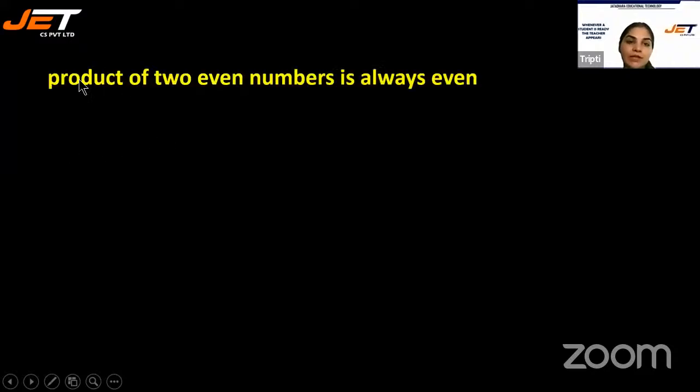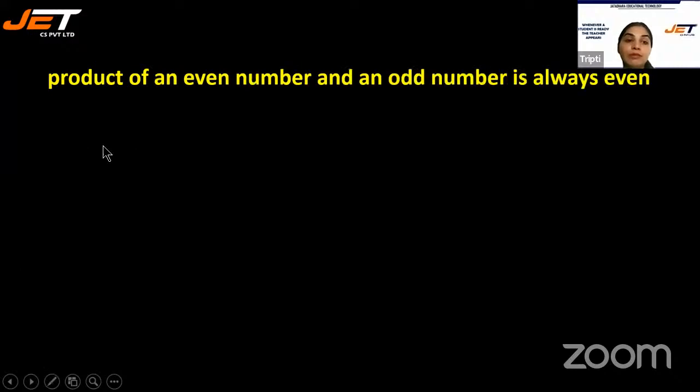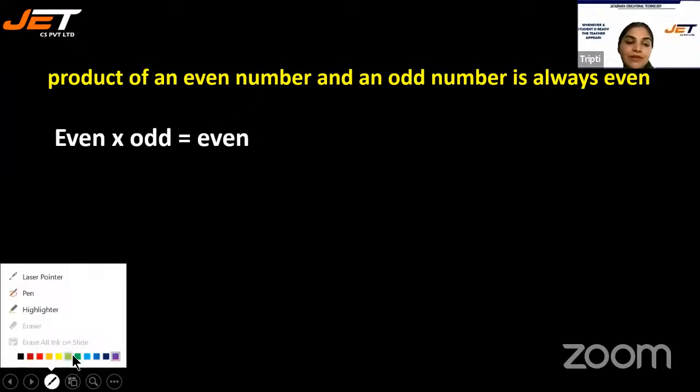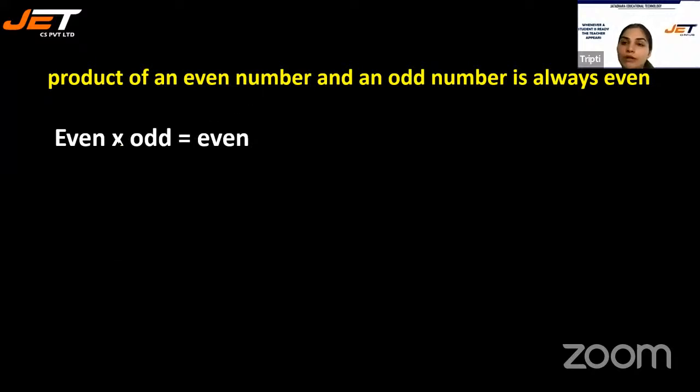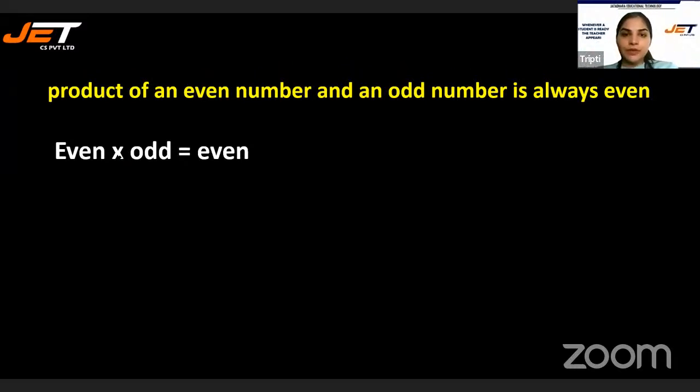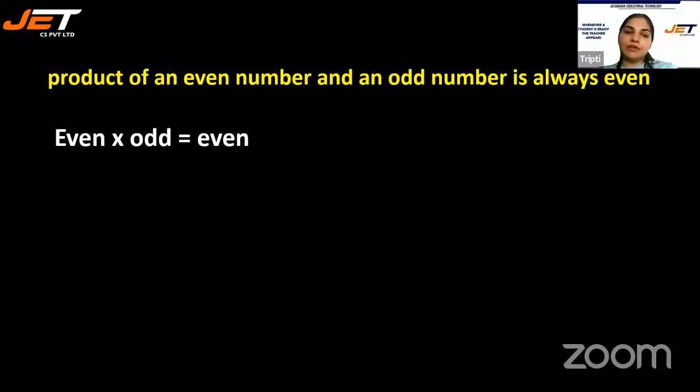Product is multiplication. Here, multiplication of an even number and an odd number first. Whenever you multiply an even and an odd number, the answer is always even. Again, we are going to read this, then we will do examples.